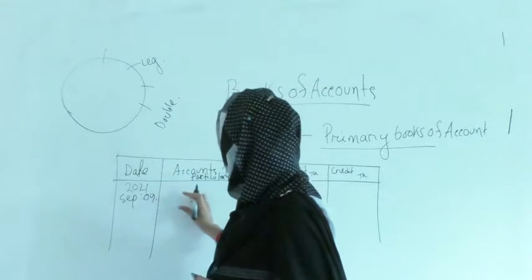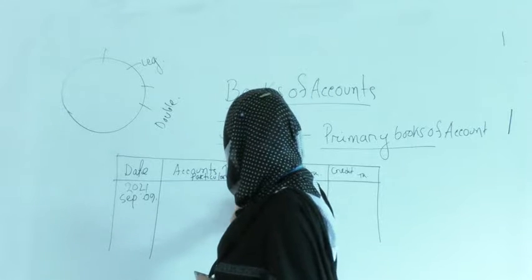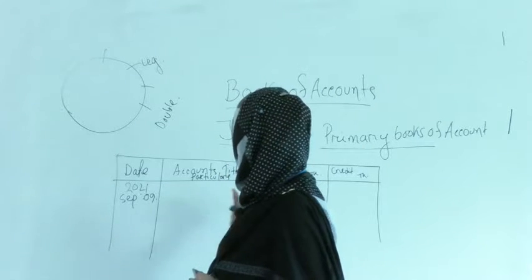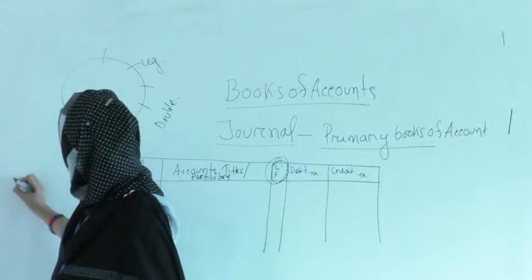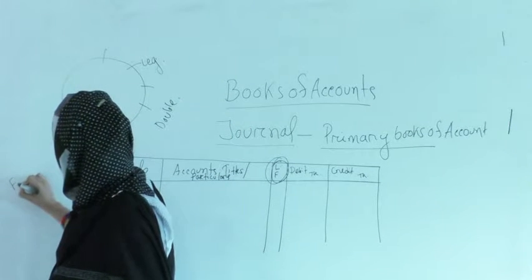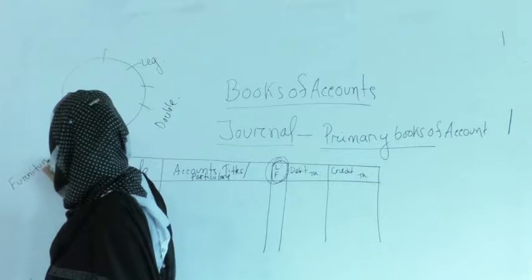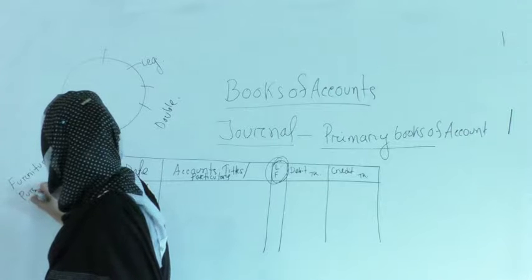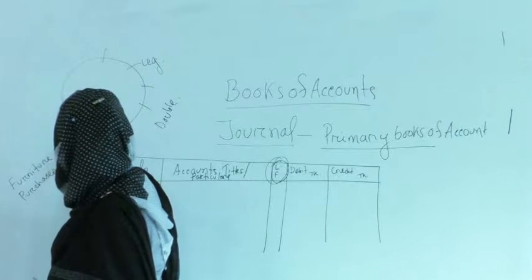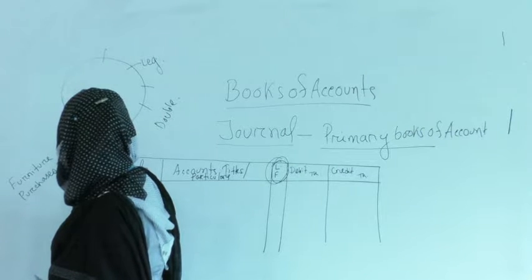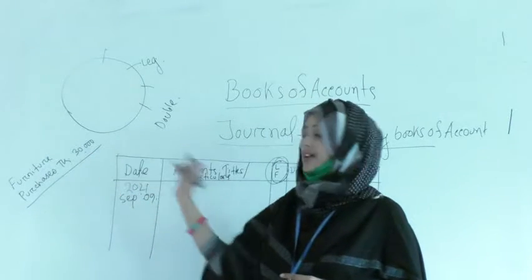You have to identify the two related parties, and write their names here. Maybe the transaction is furniture purchase. Furniture purchase, taka 30,000.